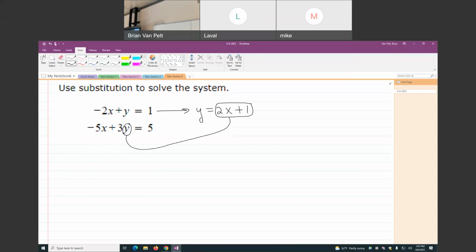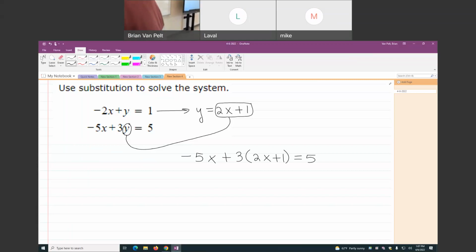So now when I work that equation, I'm going to have negative 5x plus 3 times 2x plus 1. That equals 5. And this is desirable because we can only solve equations that only have one letter in them.